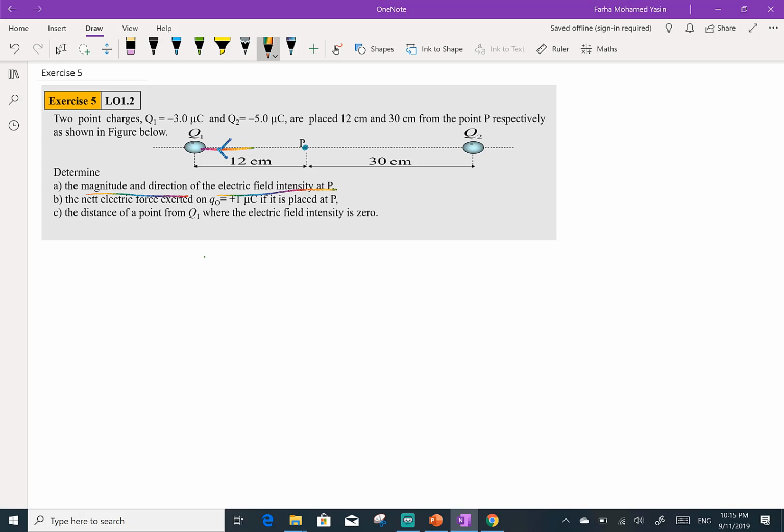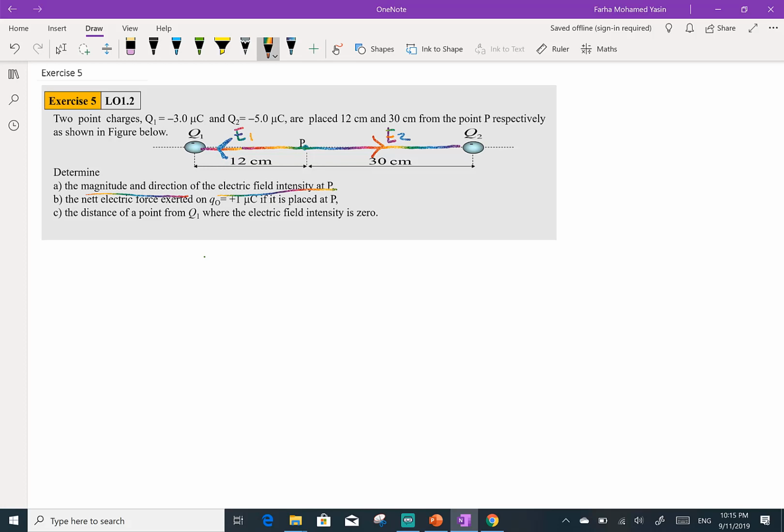Okay, so means that we draw the line exactly from P to Q1, and now the direction of E1 is to the left, and same goes to the charge Q2. Okay, so there is an electric field line inward Q2, so means that E2 is to the right.